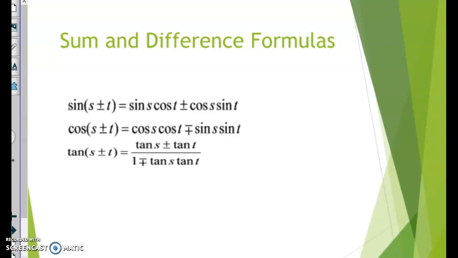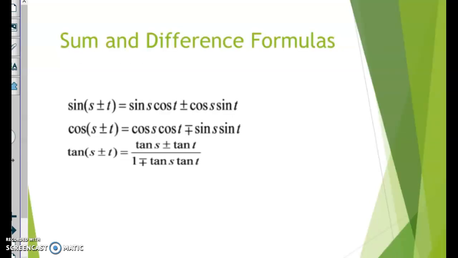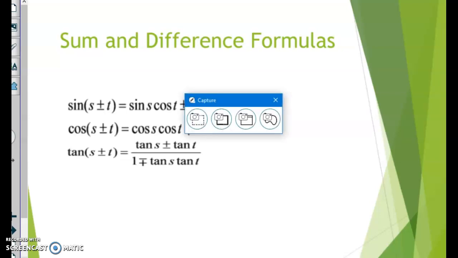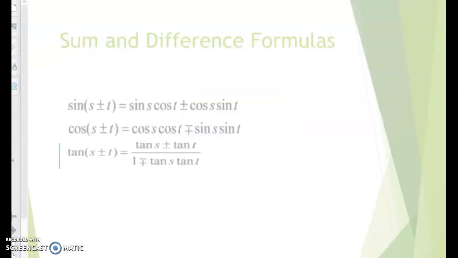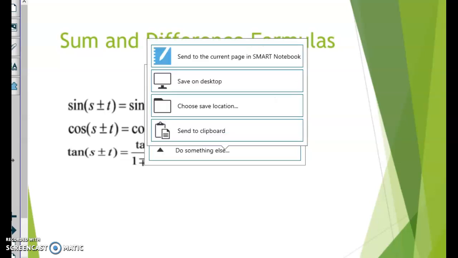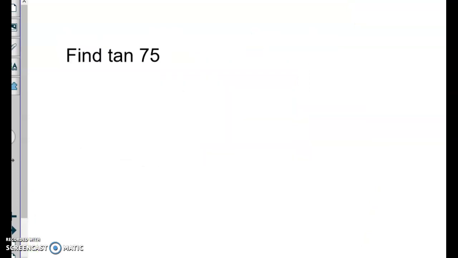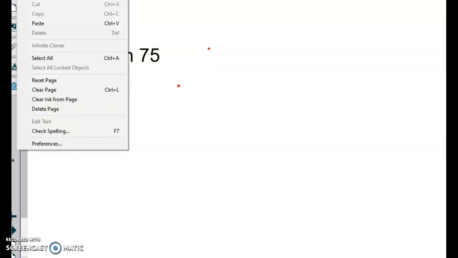Let's take and find the tan of 75. So I'm going to use this formula here, and I'm going to send it to the clipboard so I can go to the next page and paste it here.